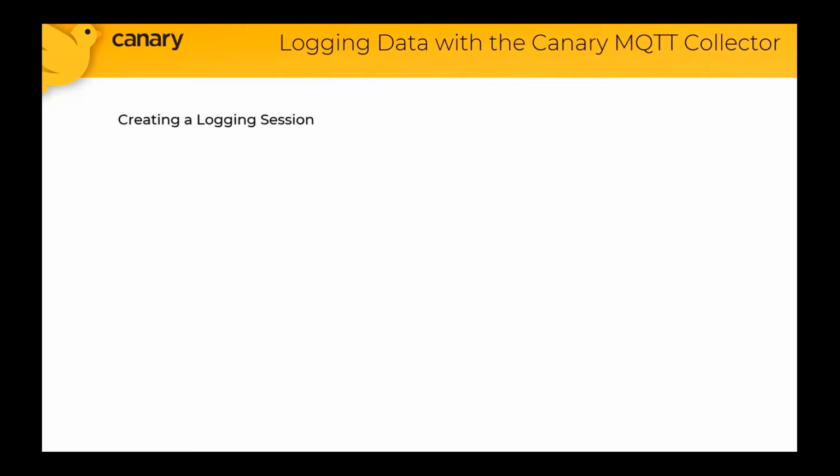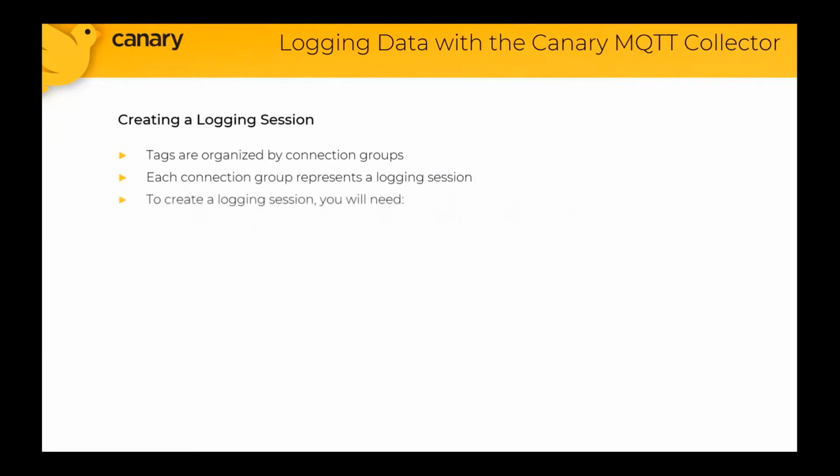And next, we'll need to create a logging session. Within the MQTT Collector, tags are organized by connection groups. Each connection group represents a logging session that is writing tags to a data set. To create a logging session, you'll need to do 4 key things. You'll need to create a new connection group.